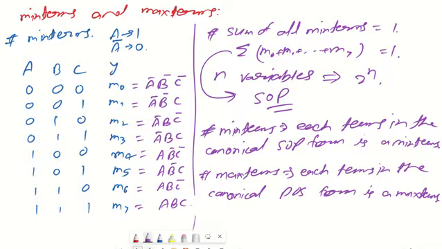Before that, we will try to write down the min term expressions very quickly. Let me give you an example.